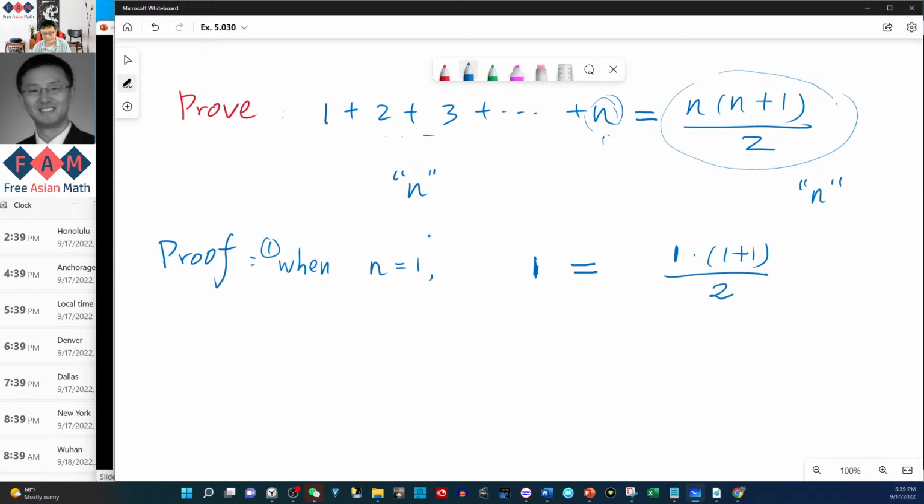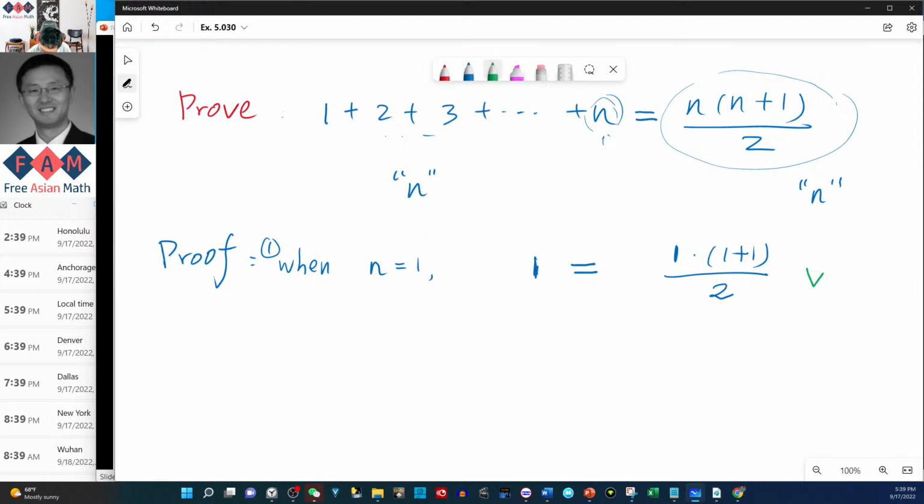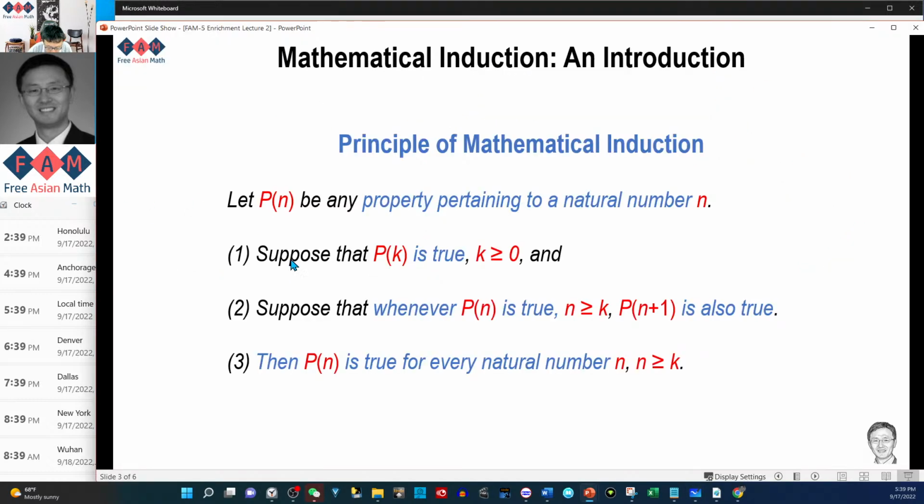This is indeed the case. 1 times 2 divided by 2 is just 1. So this is true. We just finished the first big deal: this hypothesis is actually correct. So we just showed that this is actually true.